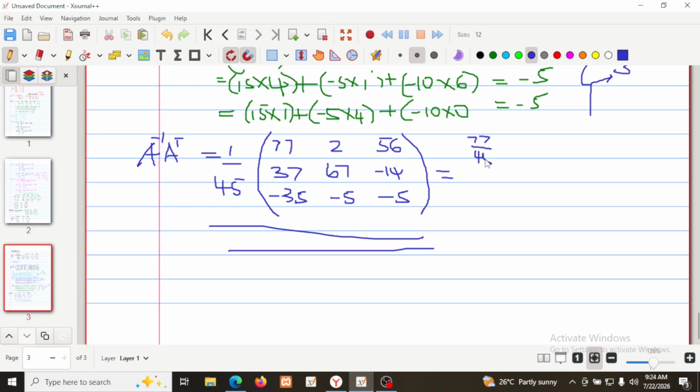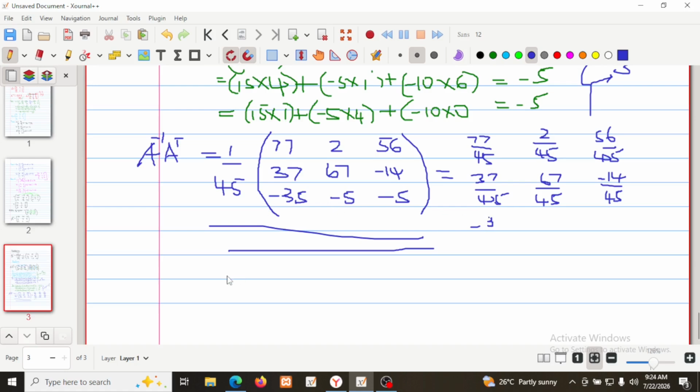77 over 45, we have 2 over 45, then we have 56 over 45, then we have 37 over 45, we have 67 over 45, then we have negative 14 over 45, then you have negative 35 over 45.